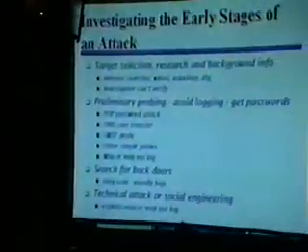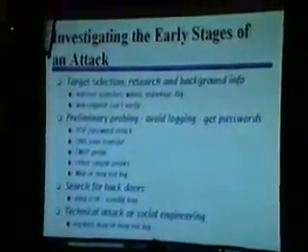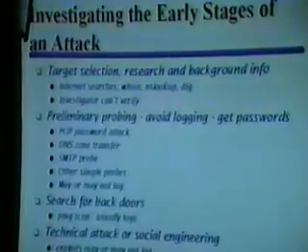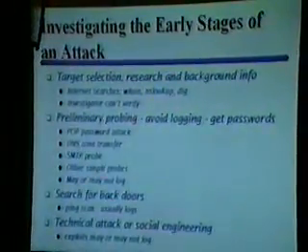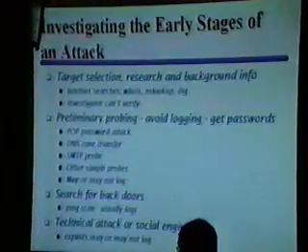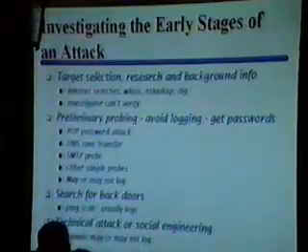So, if we're investigators, put ourselves in the position of the investigator. And if we're investigators, we need to deal with the attack as the attacker dishes it out to us. Well, the first thing any good attacker is going to do is gain information about the target.